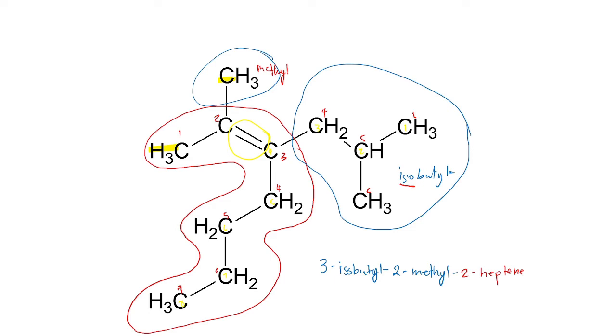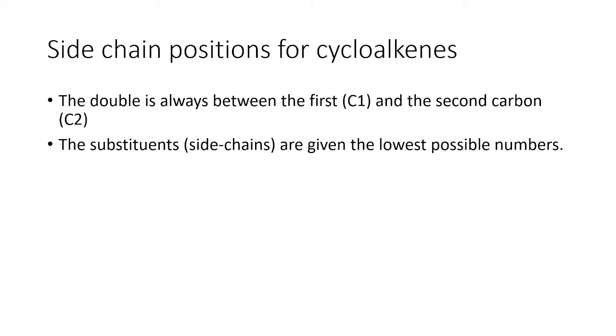So, moving on to other types of alkenes, which is actually diene. So, by its name, diene, oh, cycloalkenes pa lang pala. So, sorry about that. For that, we will be talking about the numbering positions for cycloalkenes.